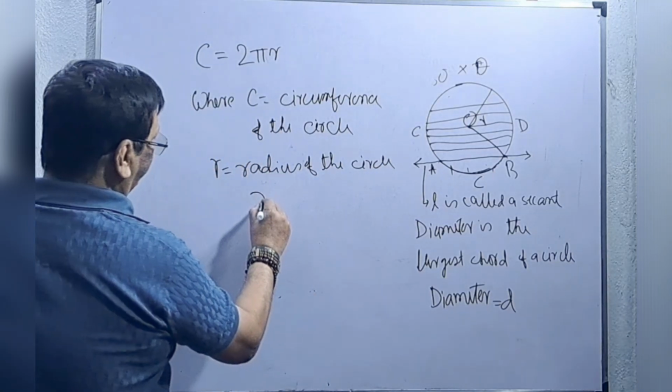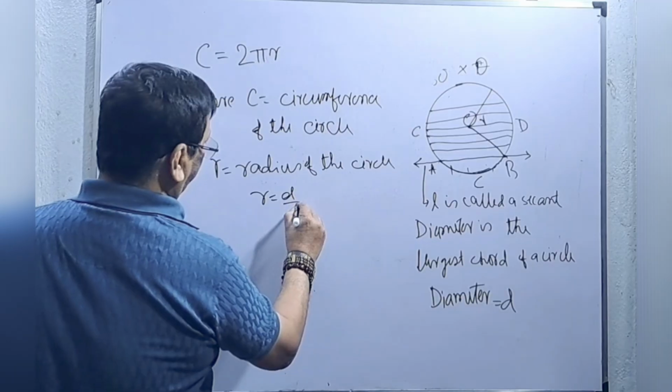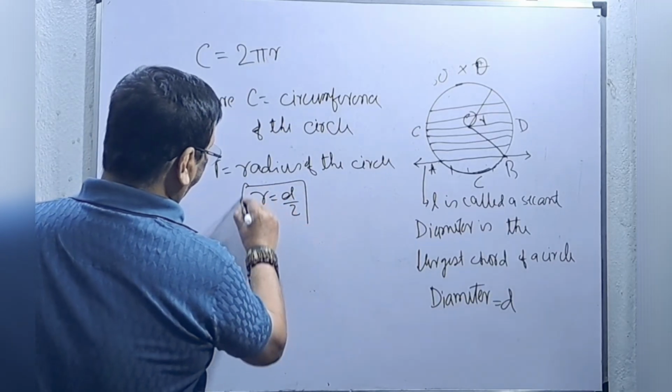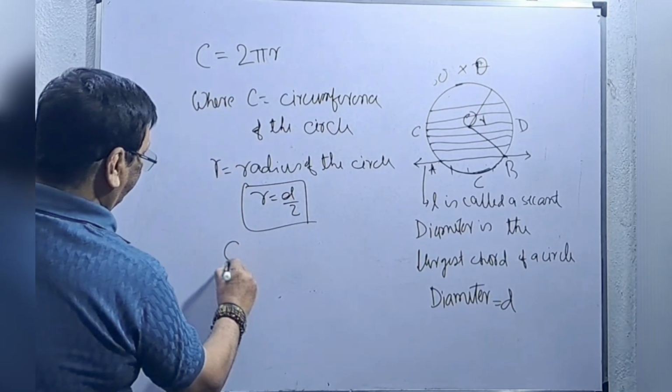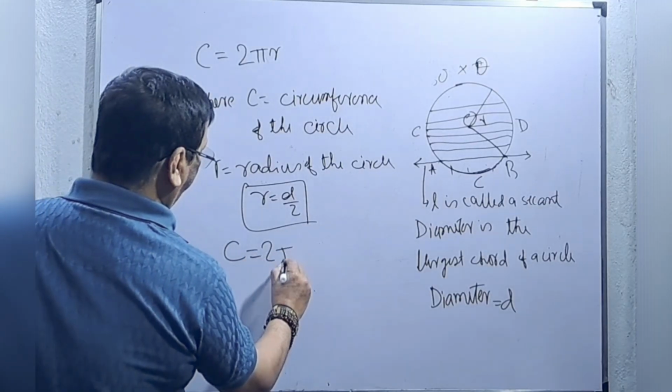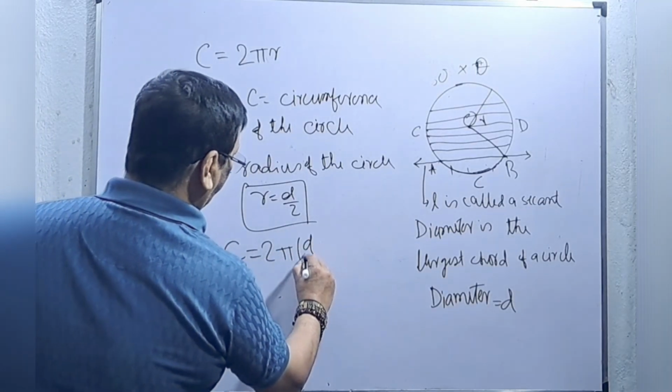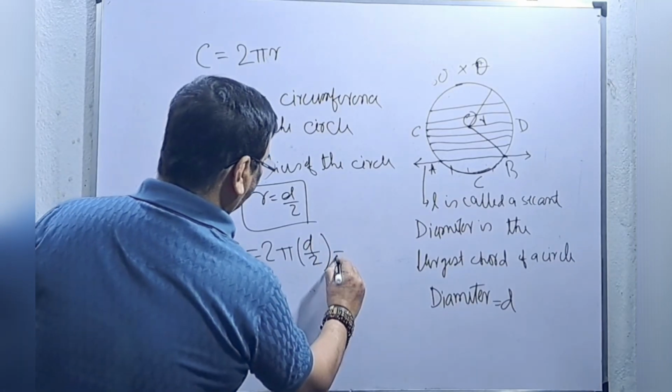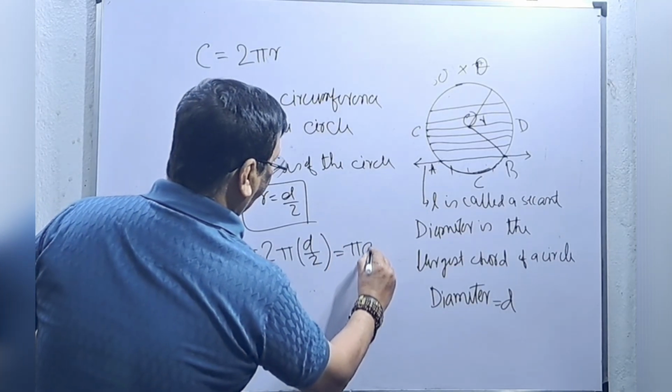Now see, r is equal to d by 2, correct? So we can write C is equal to 2 times pi into d by 2, and that you can write is equal to pi into d.